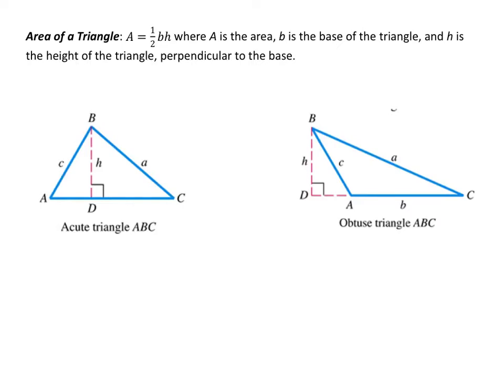What we're looking at specifically, though, is what happens when you are not given a value of H. Well, something that we were able to do earlier in this lesson was figure out a value of H based on our trig ratios. Remember that I can take sine of an angle and I can let it equal opposite over hypotenuse.